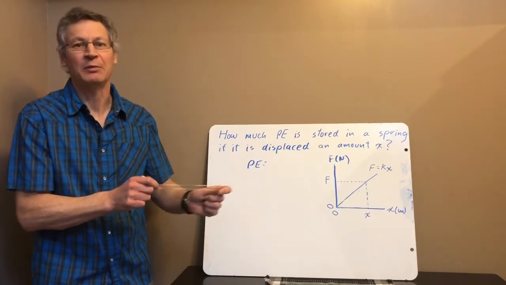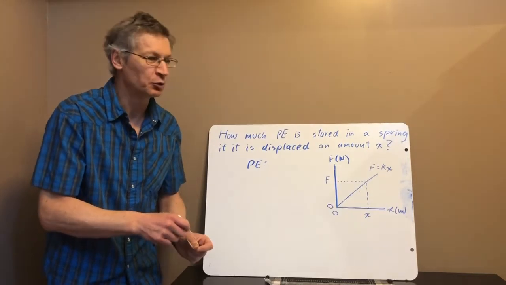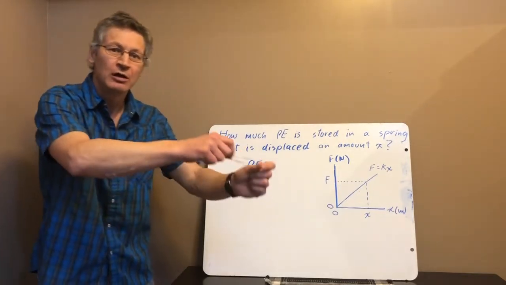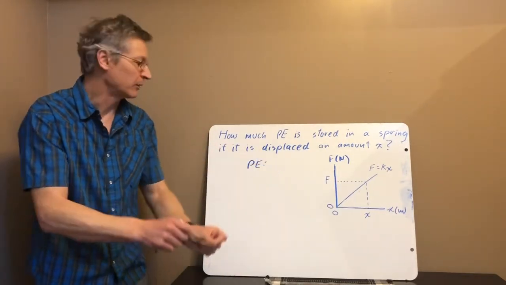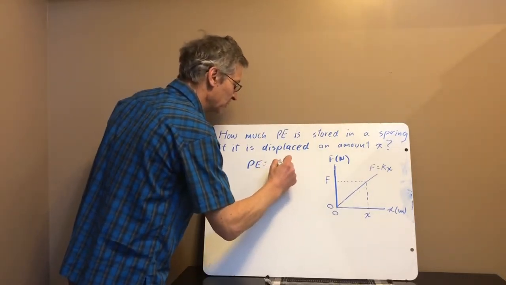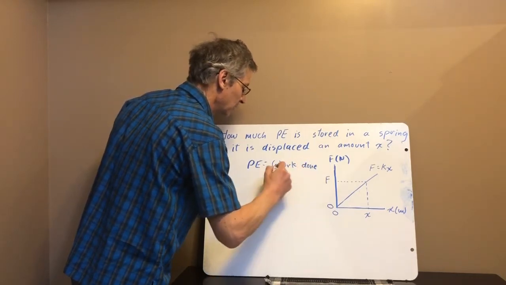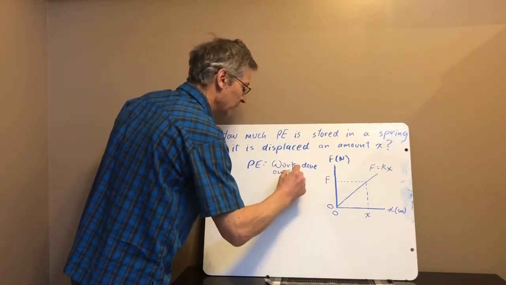Now the question is, how much potential energy is in that spring? Well, how about this? Remember, work and energy are equivalent. So the potential energy stored in the spring is going to be equal to the work done on the spring.